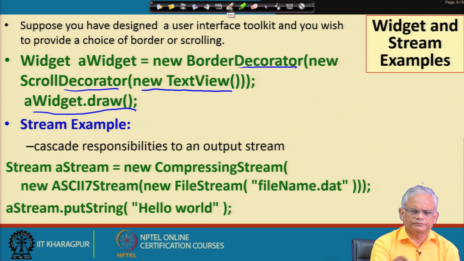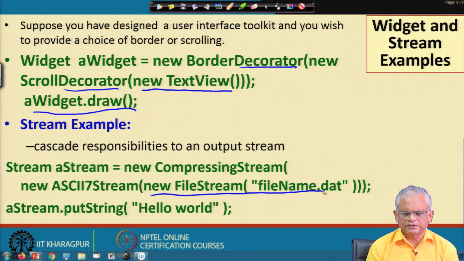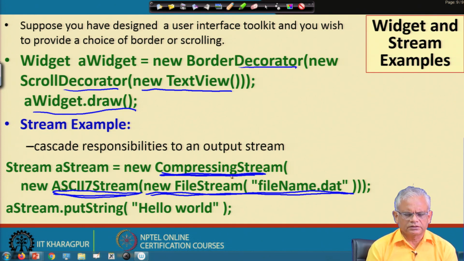Just look here, we have created a file stream, a basic raw file stream, by giving the name of the file, and then the ASCII 7 stream interprets the raw file stream bytes as ASCII characters, and then the compressing stream is a decorator which compresses it.